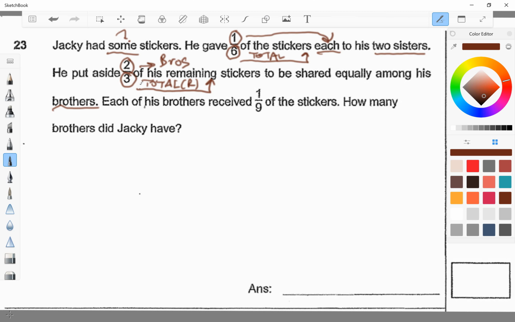All I know is that 2/3 of the remaining is meant to be shared equally among his brothers. And it said that each of his brothers received 1 out of 9 of the stickers. So this is a very important clue, which I'll make use of later. And the question is asking us, how many brothers did Jackie have?